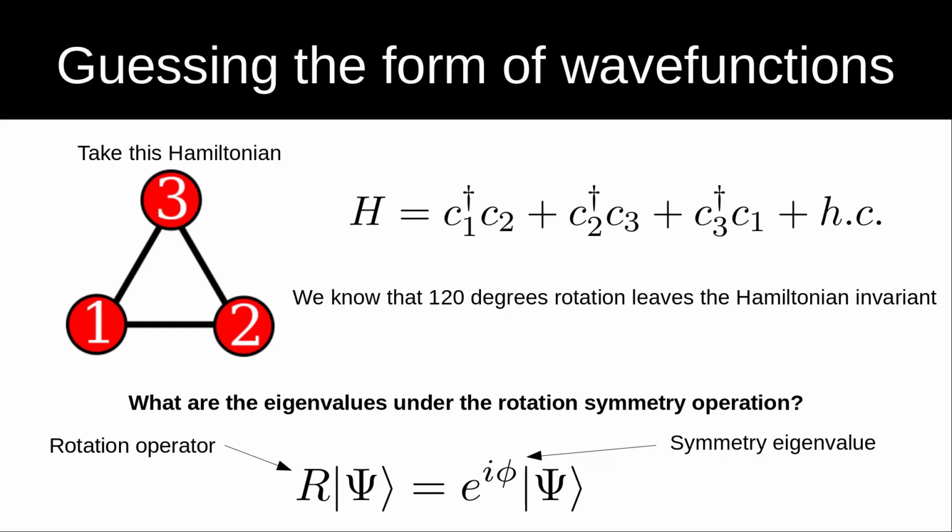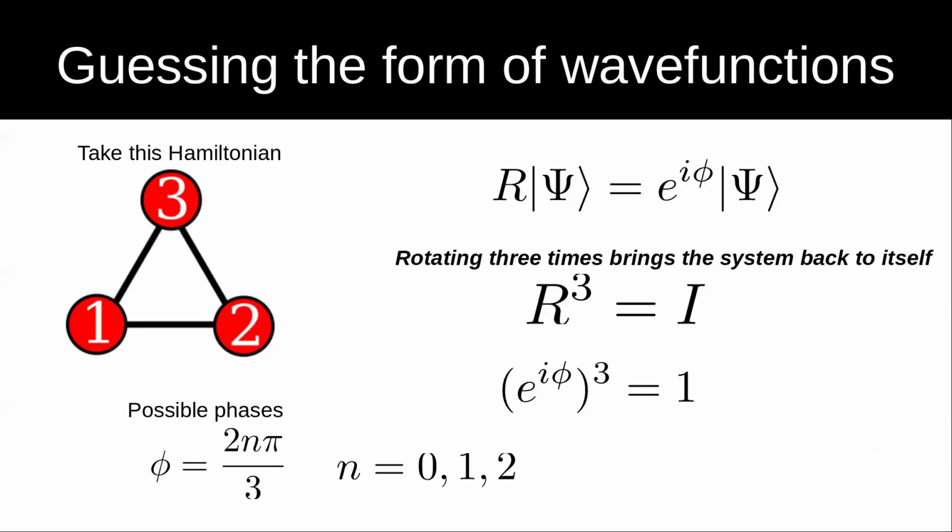My question for you is, what are the eigenvalues of the symmetry operator of this Hamiltonian, which is the rotation? In practice, I'm asking you, what are the possible values of phi for the eigenstates of this Hamiltonian? You can think for a few seconds about it. And after thinking about it, you will realize that the eigenvalues are actually very simple.